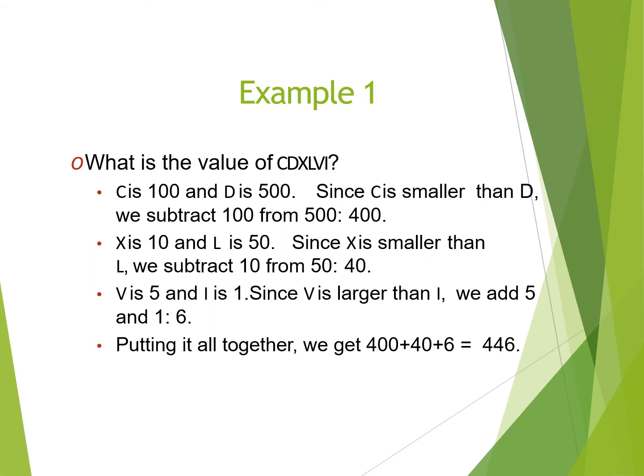Now V is 5 and I is 1. Since V is larger than I, we add 1 to 5, which gives 6. Putting it all together we get 440 and 6, and it's simply 446.